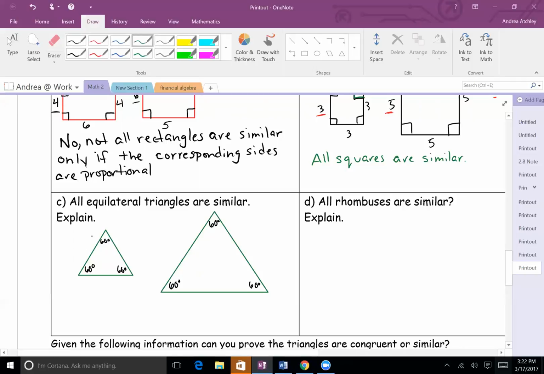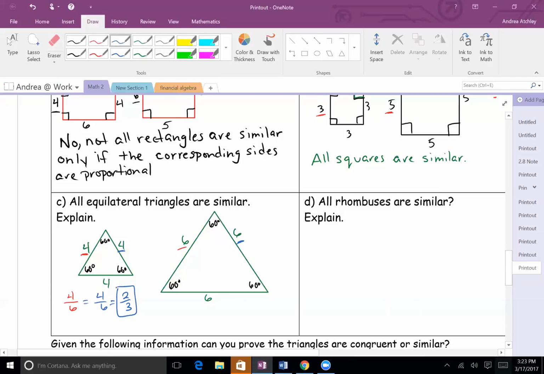So I have, let's use 4 this time. And then this would be 6. And just like the square then, my corresponding sides, 4 over 6, and then this 4 over this 6. Those are all equal to the same ratio of 2/3. And it would be the same with the base side of 4 over 6.